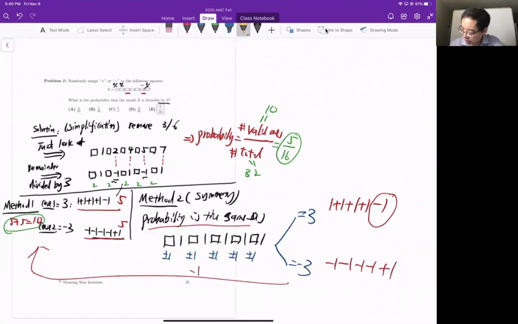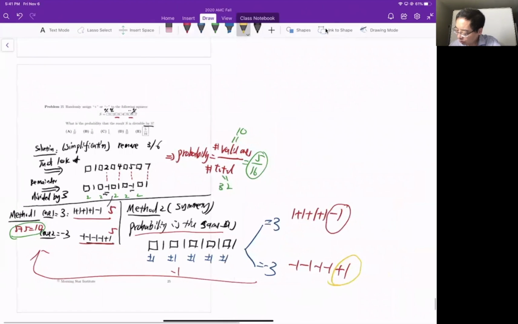There are 5 choices because there are 5 positions. You choose one to put -1, all the others +1. And this one is you choose one to be positive, and all the others you put the negative in front of it. Okay, so again, this is also 5, and you quickly get 10.